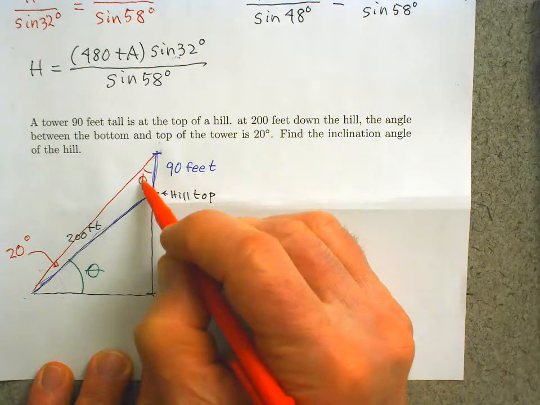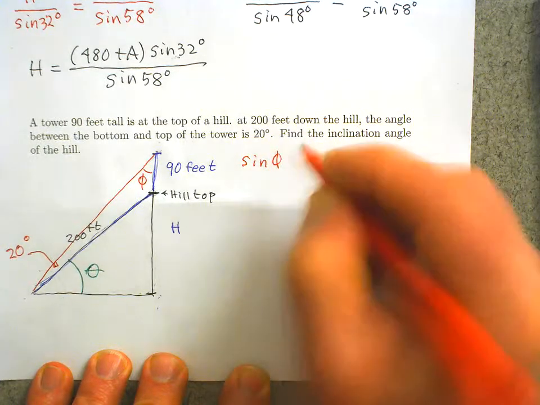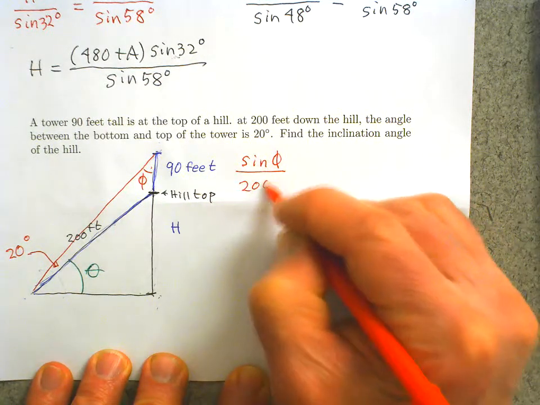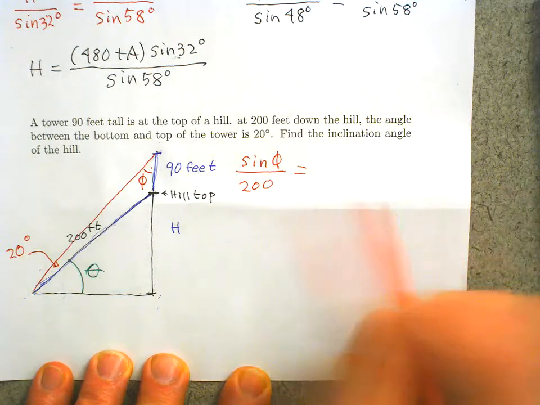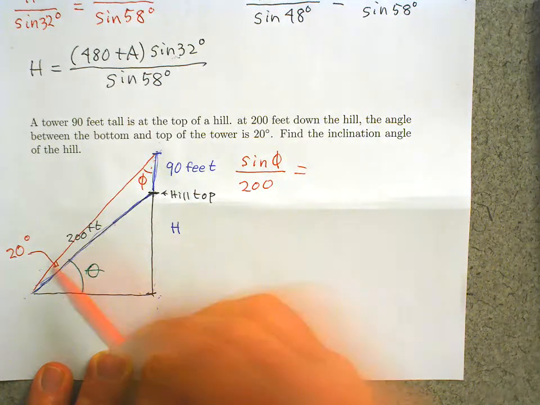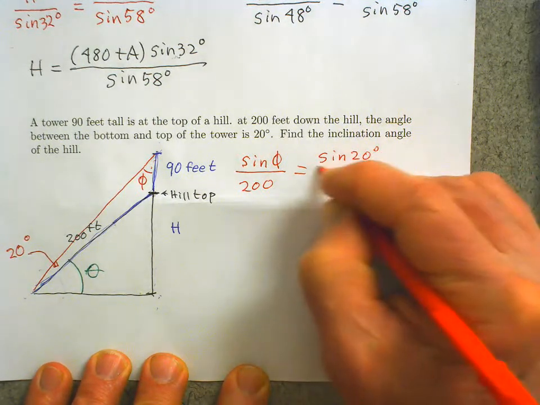Okay, so sine of phi divided by 200 is equal to sine of 20 degrees divided by 90.